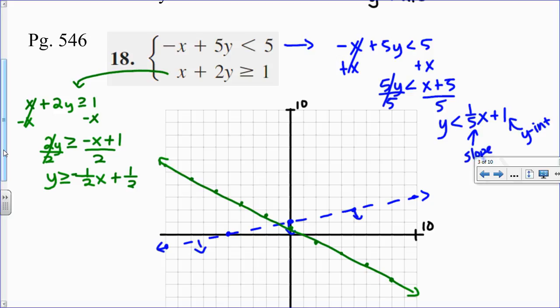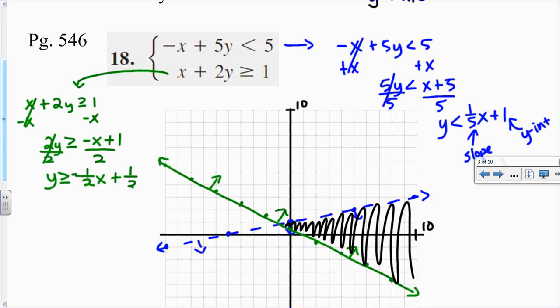Above, yes. So greater than, you shade on the side that's above, here's the y-intercept. I'm just going to shade in now where they overlap. They'll overlap in this region here. So that's the solution.